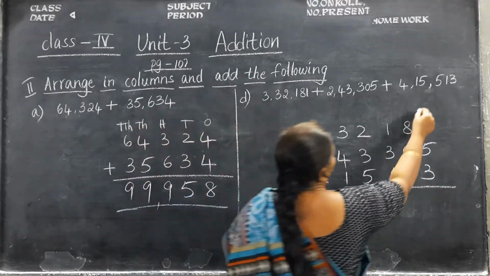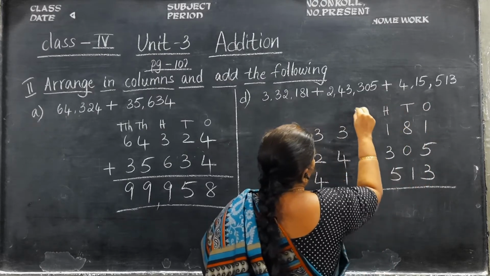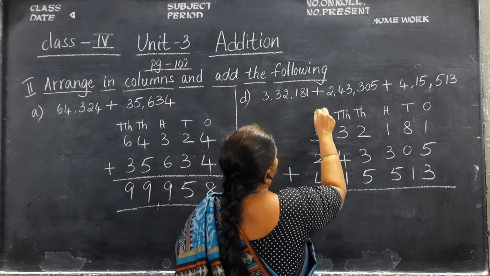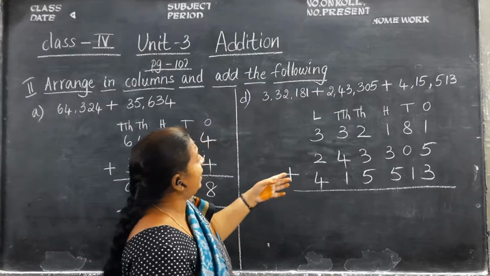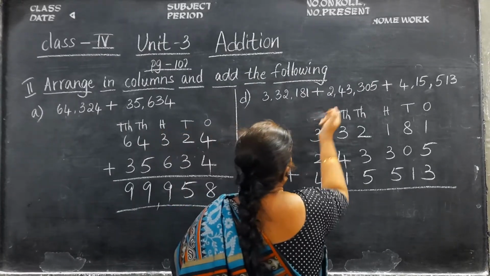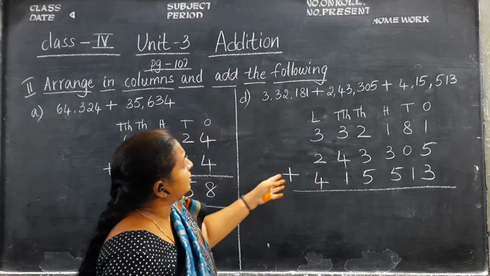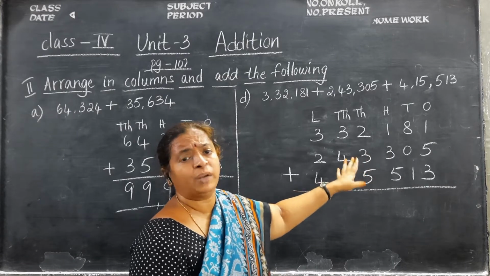Then ones column, tens column, hundreds column, thousands column, 10,000s column, and lakhs column. After arranging them, we start. Any time we should start the sum from the ones column.